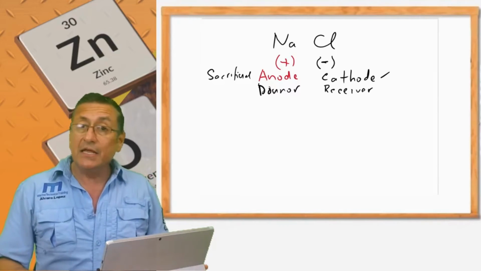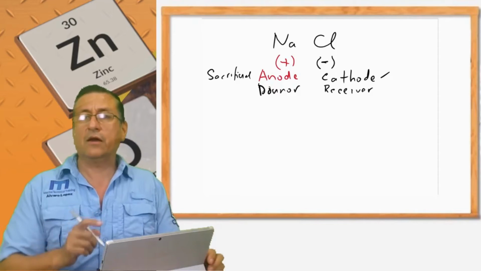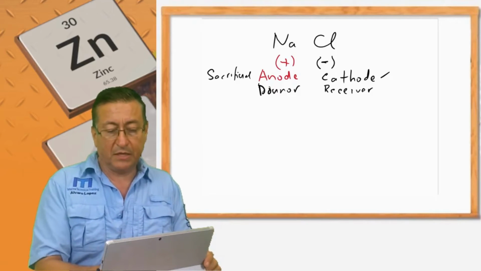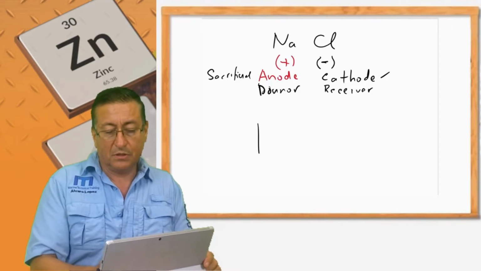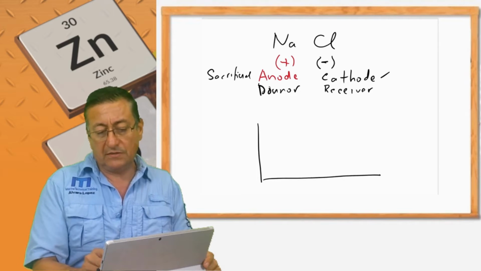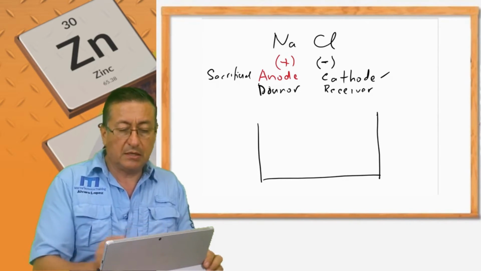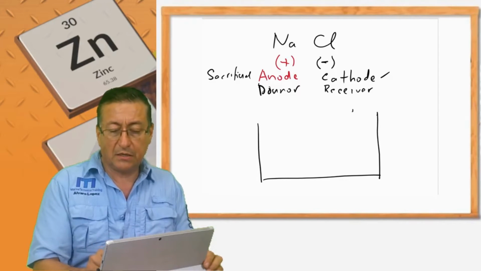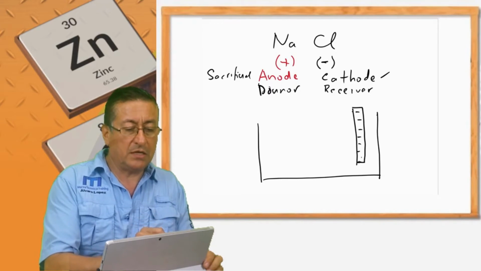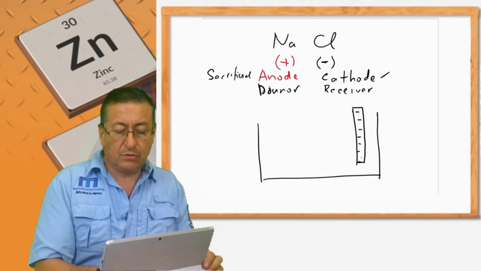Okay, in a battery, I'm going to do an example about the anode and the cathode. Suppose that this is the container, and I am going to locate the cathode here. It has negative charge, and I am going to locate the anode over there, the positive.